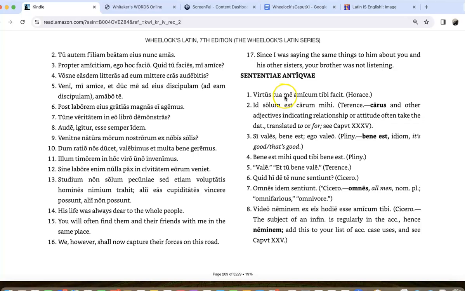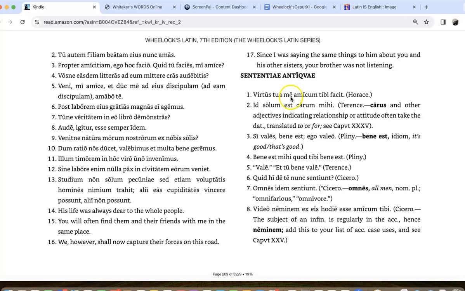So virtue, your, me, friend, to you, makes. But of course we want to put it together. So your virtue makes me a friend of yours, literally a friend to you. So you could also give a more polished translation, namely, your virtue makes me your friend.